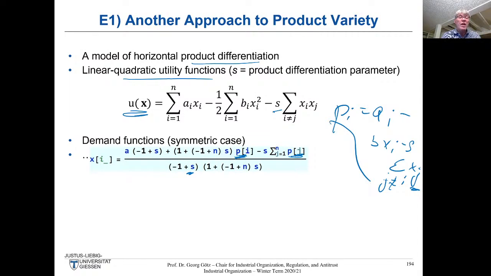So now we have a consumer whose demand depends on the price. Of course, if the price is lower, we get a higher demand. And consumers also consume different varieties. Think in terms of songs.